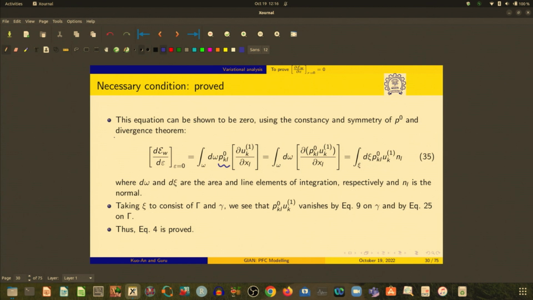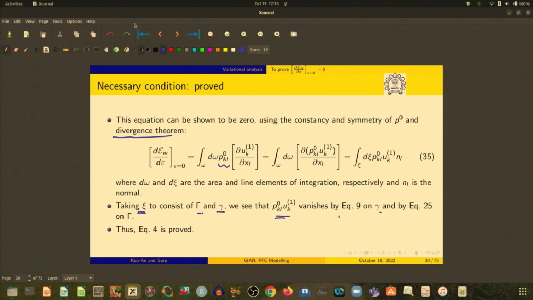So, that is the divergence theorem. Instead of doing the integration over volume, you can do it over the surface, and on the surface we know what it is, capital gamma and small gamma. We have already proved that this surface consists of capital gamma and small gamma, and we know that it vanishes on the small gamma by the expression that we derived.